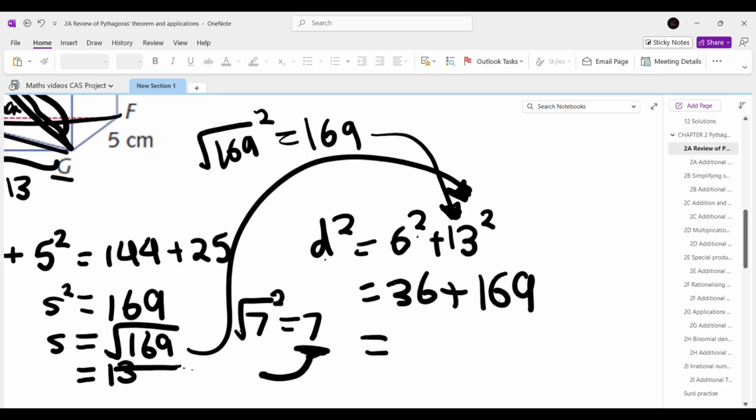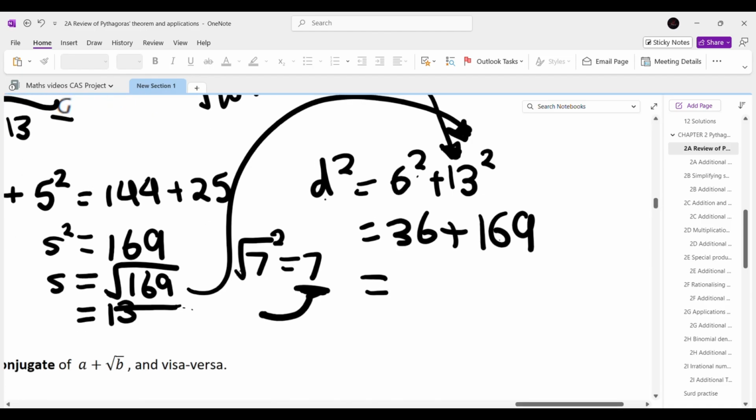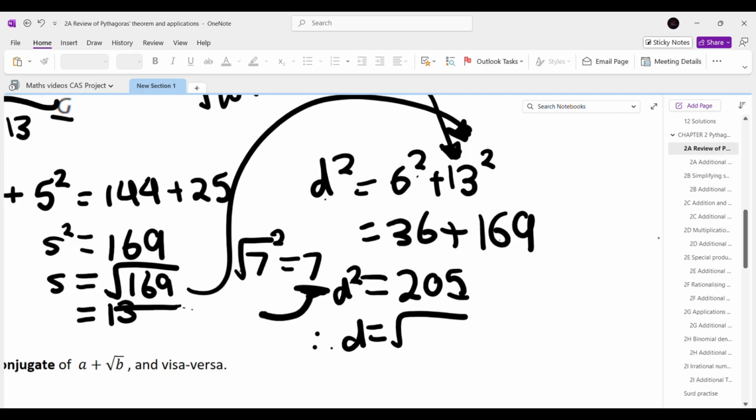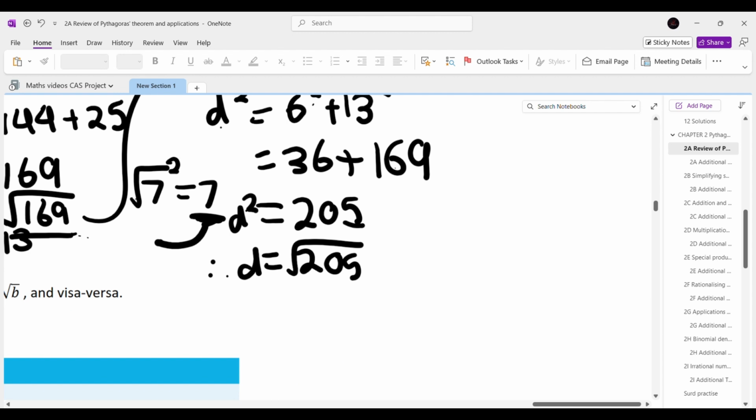But here I might as well just show you. So you add 169 to 36, which is 205, I believe. So D equals the square root of 205, which we can actually attempt to simplify.